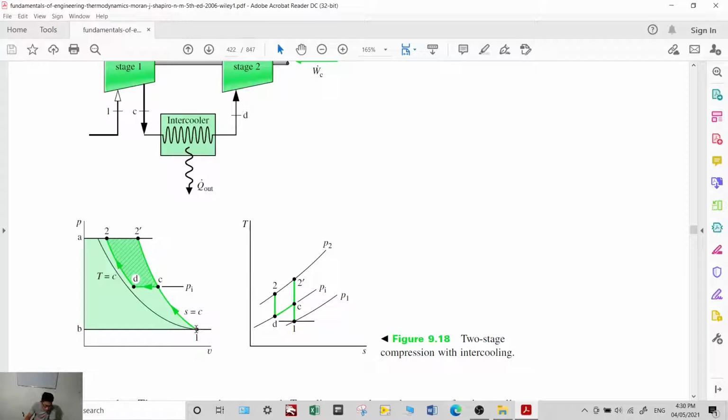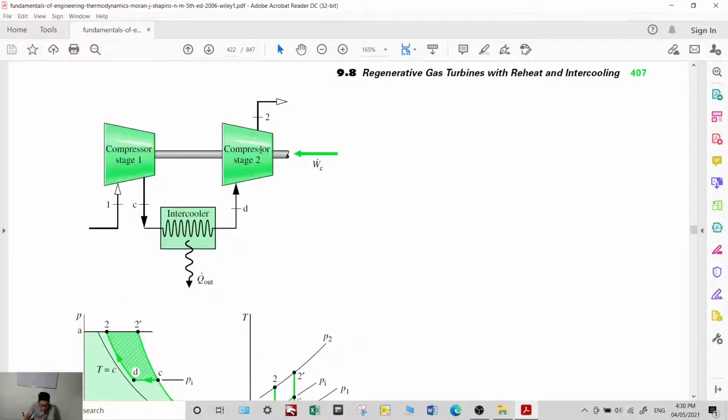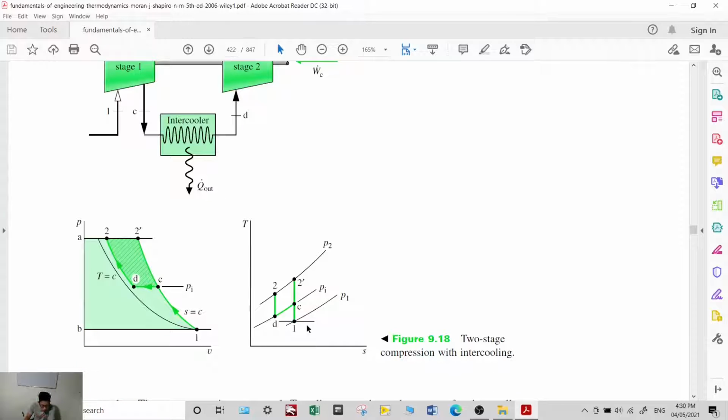You compress, then remove a portion of the heat, and then compress again. This shaded area represents the work, or power input, that you save compared to compressing directly from 1 to 2 prime. The purpose of multi-stage compression is so that you do not have too high a delta P, no?